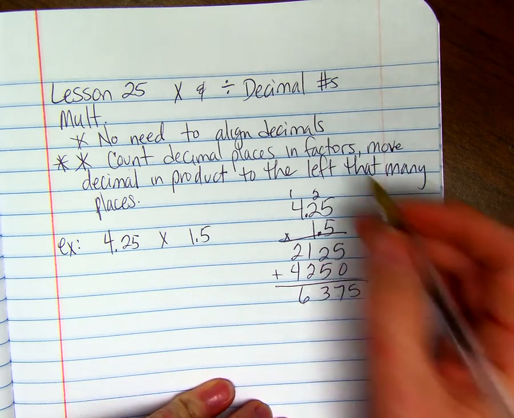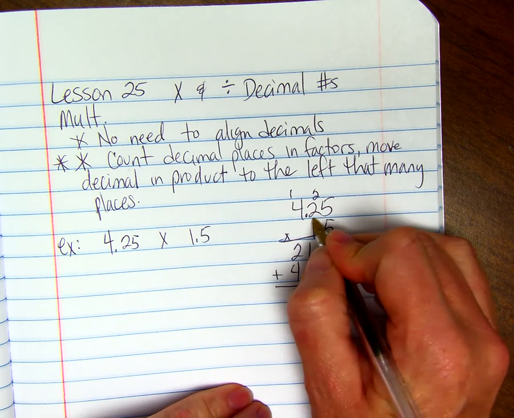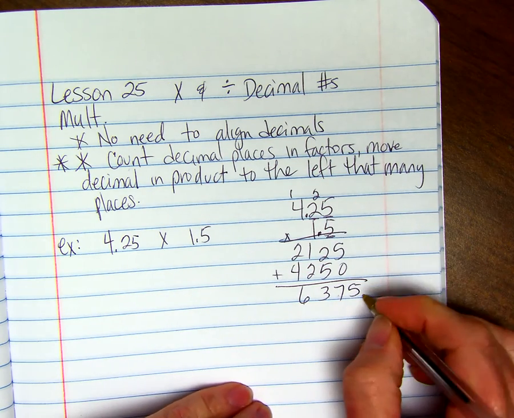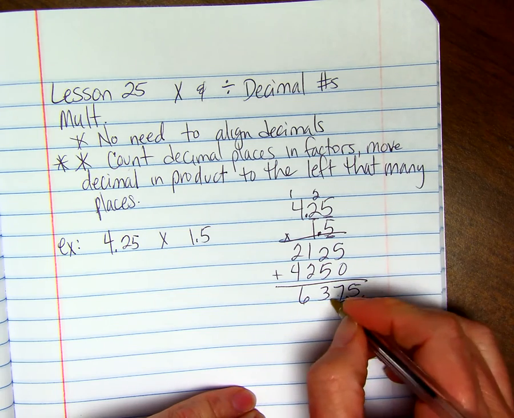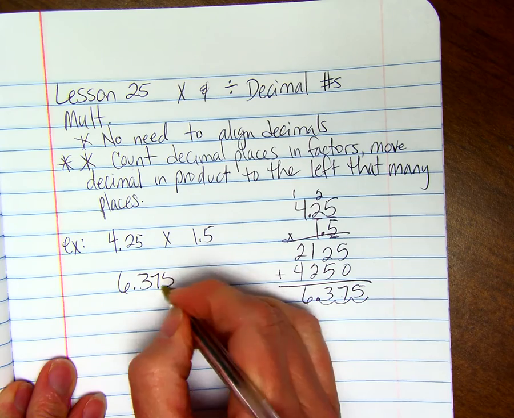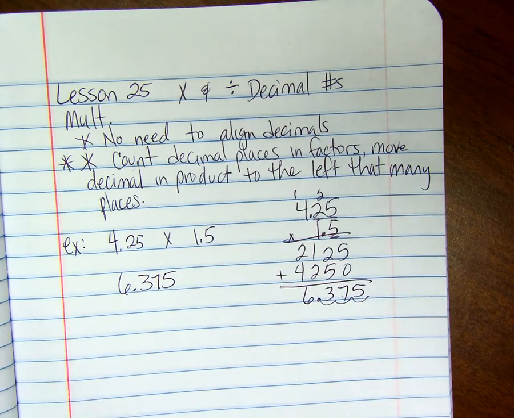Then if you count up the number of decimal places in the factors, you get the 2, the 1, and the 1. That's 3. So we come to the end of our number, we go to the left 3 places, and our answer is 6 and 375 thousandths.